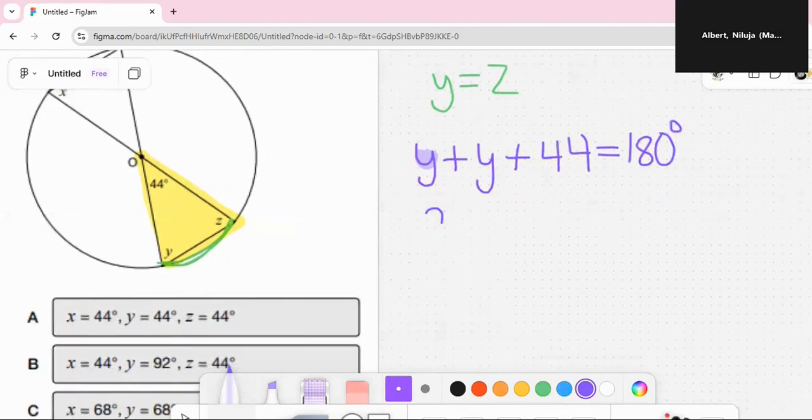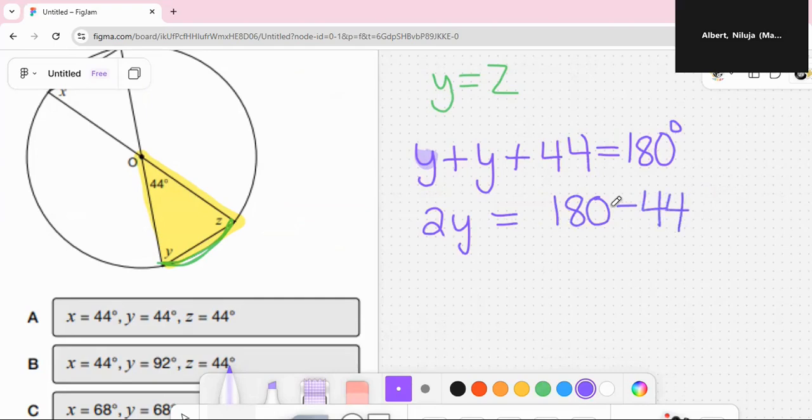So that means that 2y is going to be equal to 180 minus 44. Let me give you a second to make that calculation.